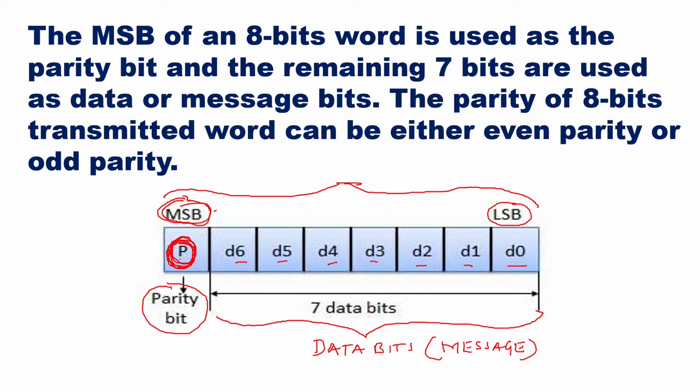That bit indicates whether the total number of logic ones in that code word is odd or even, and you check the same at the receiver. If the receiver's count doesn't match what the parity bit indicates, then there is an error in the received message, and you have to tell the transmitter to retransmit.